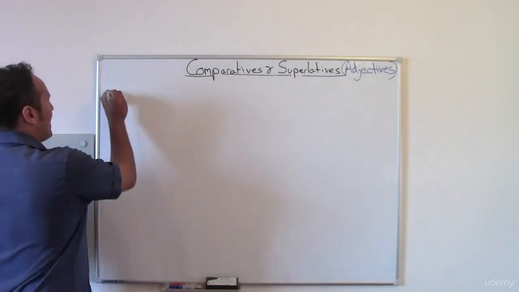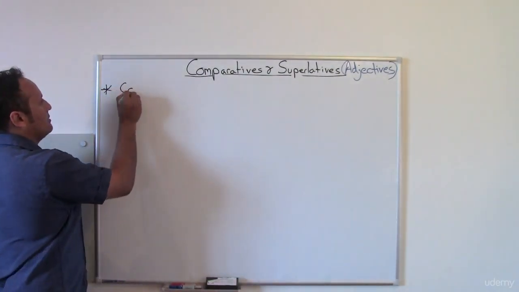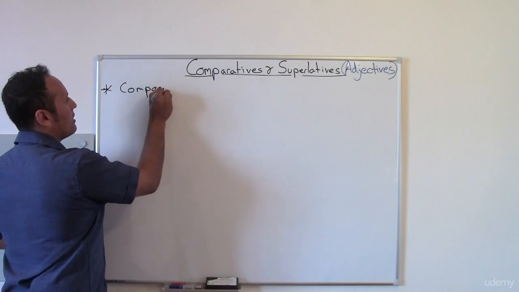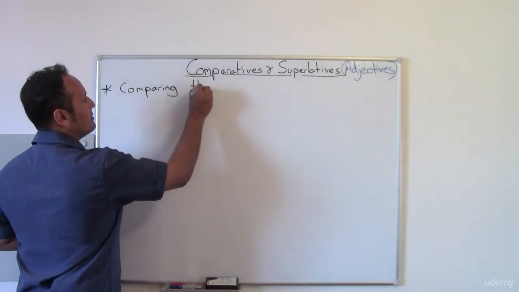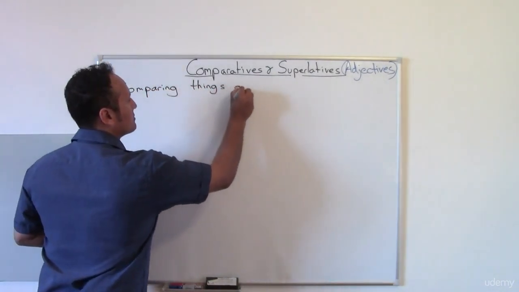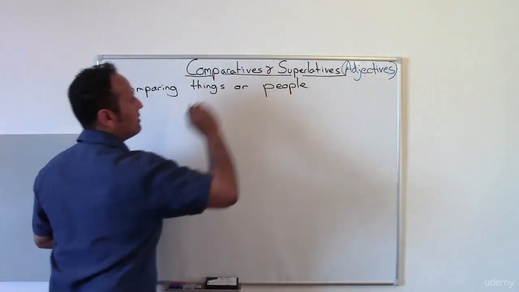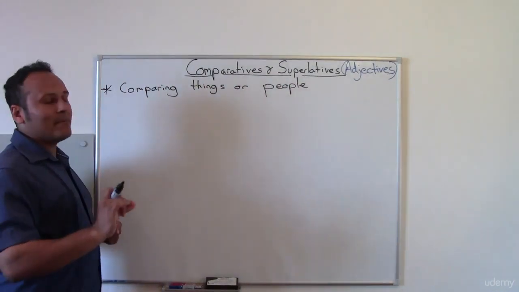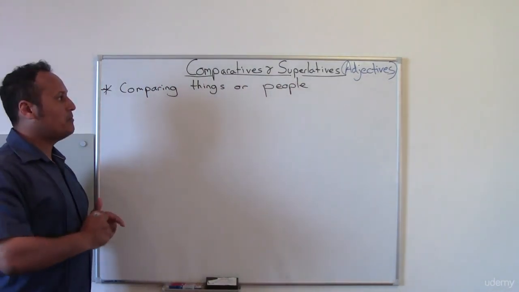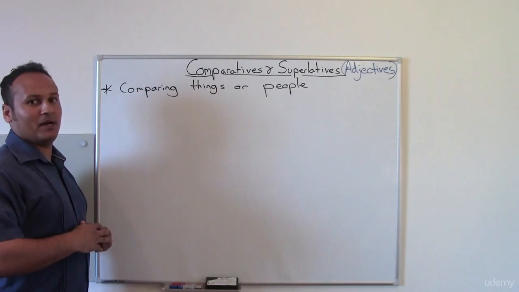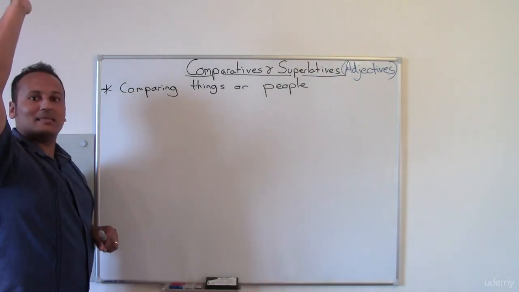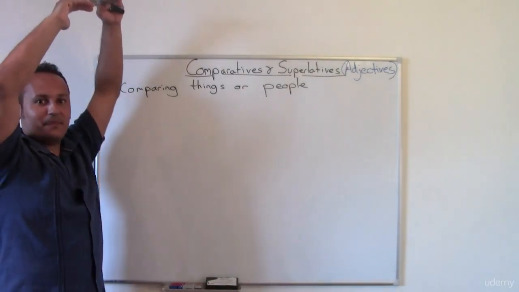Okay? So we are comparing things or people. The superlative is similar but slightly different. The superlative thing, or the superlative person, is the top. There is no higher. Okay?